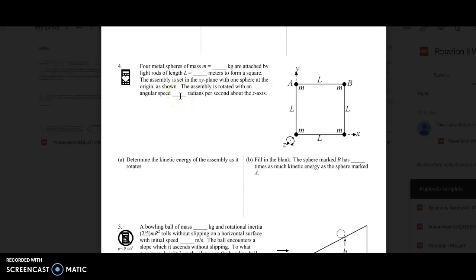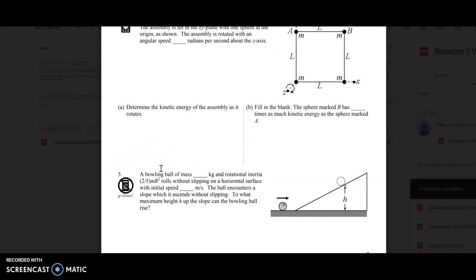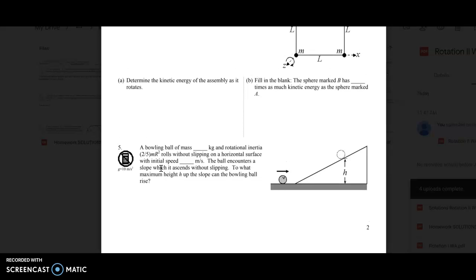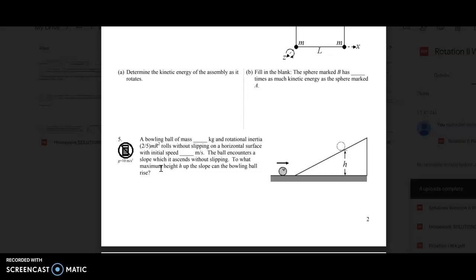And you're asked for kinetic energy. I think you're going to need 1/2 I omega squared, but you are going to have to get the rotational inertia. That's the deal here. So the system's rotational inertia is mr squared for each mass, and you'll have to figure out what those r's are, I believe. Okay.